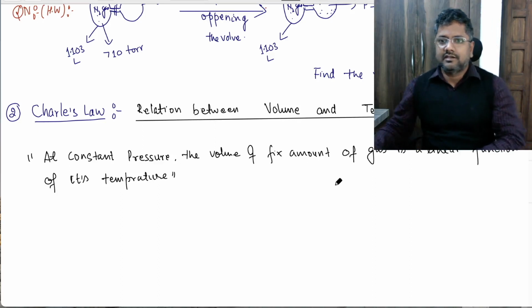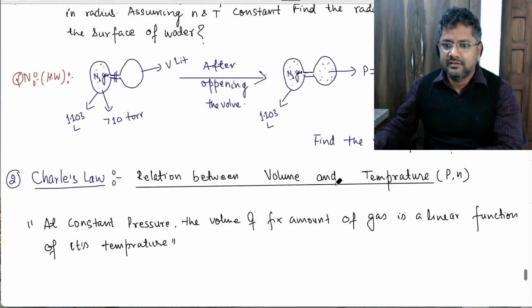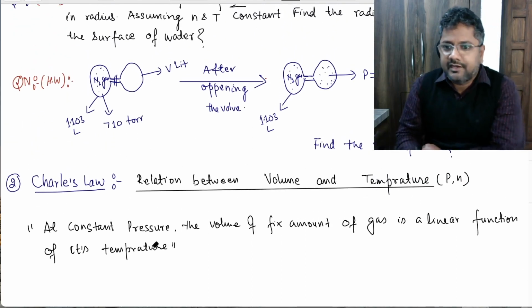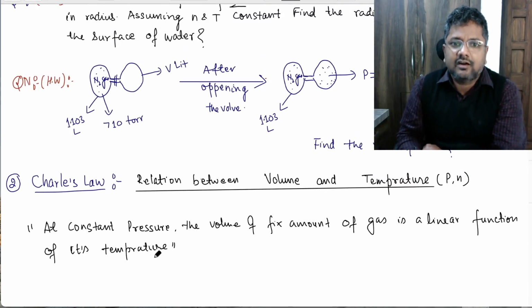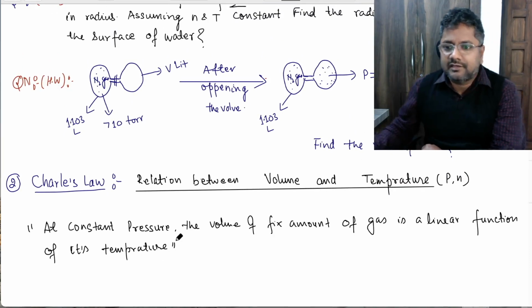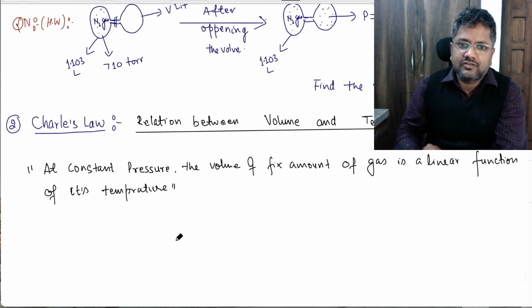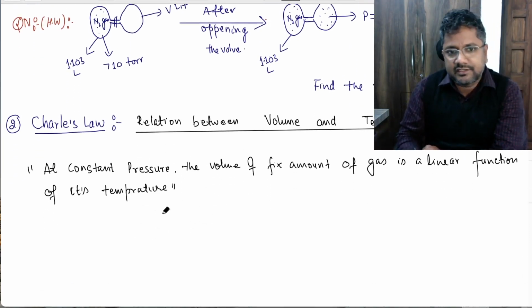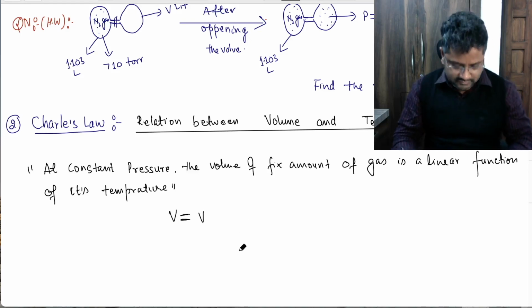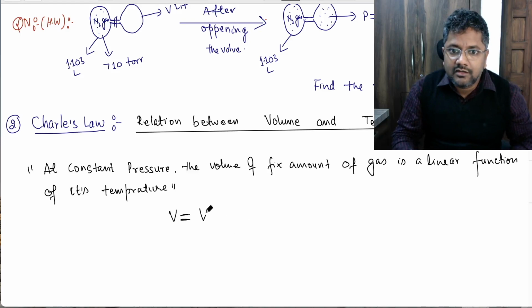See here, I have not specified whether the temperature is in degree Celsius scale or Kelvin scale. So first I am taking the temperature in degree Celsius scale. If you take temperature in degree Celsius scale, then this relation is like this: V is equal to V naught plus V naught alpha into T.